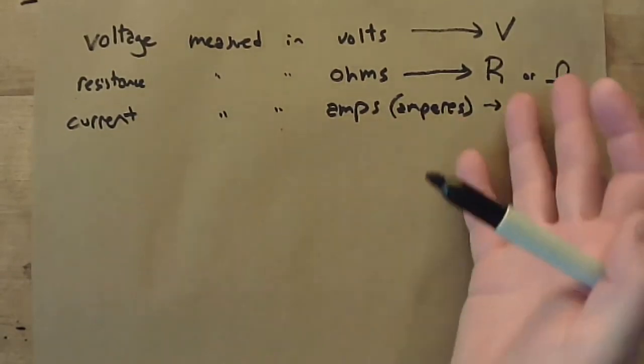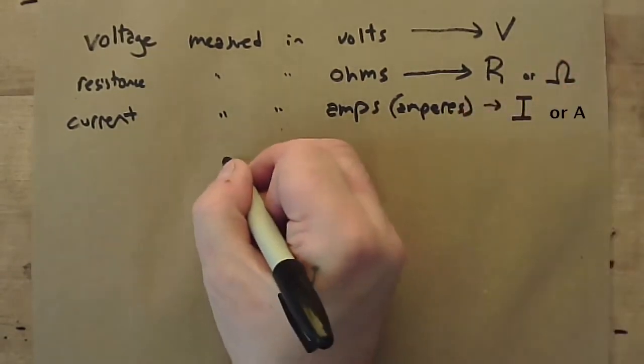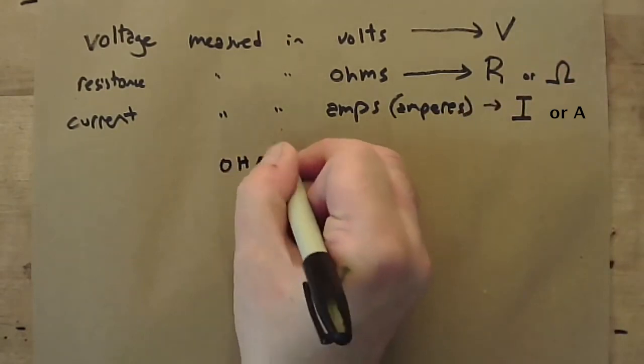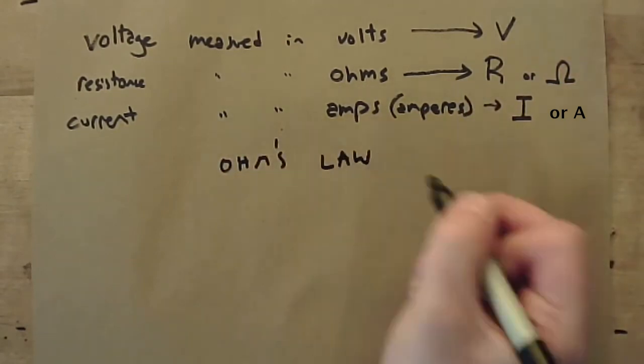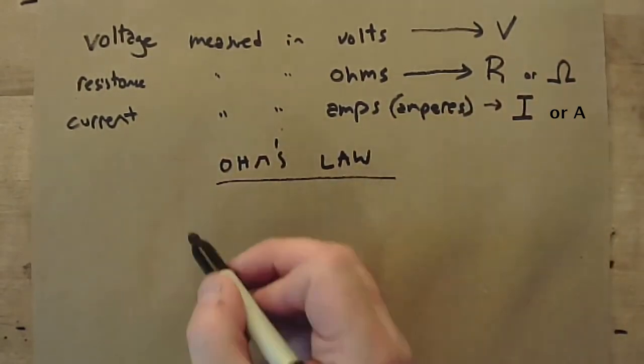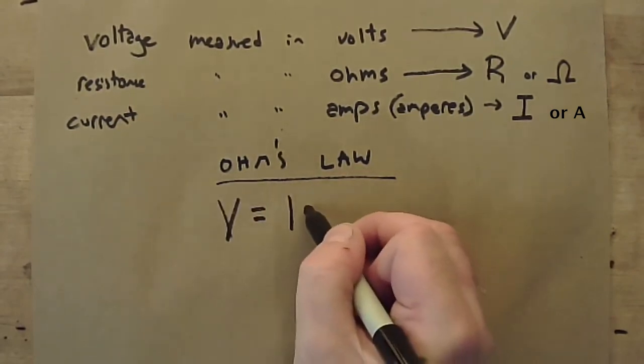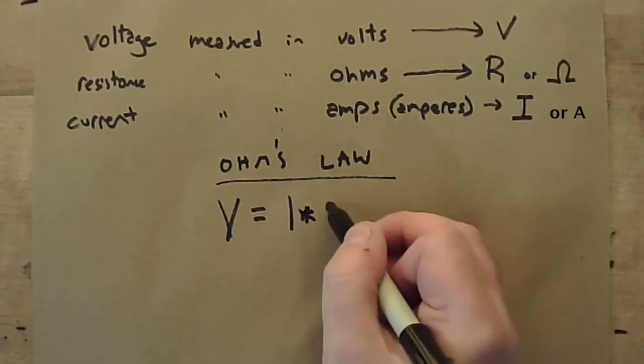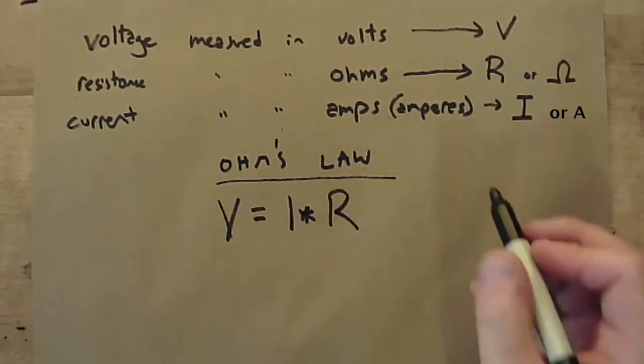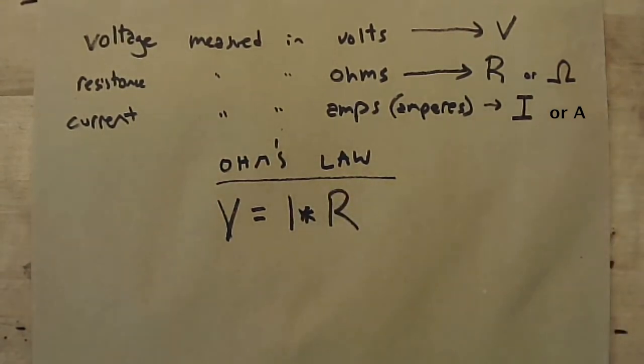And so these interact in what's called Ohm's law, which is V equals I times R, or V equals IR. You're not going to need to worry about this with a lot of the components, but with some of them you will actually need to do a little bit of math.